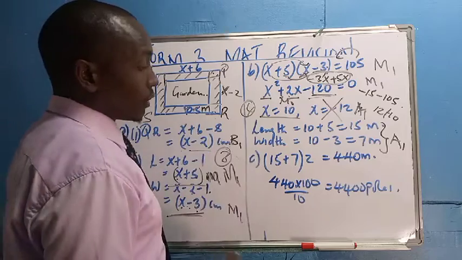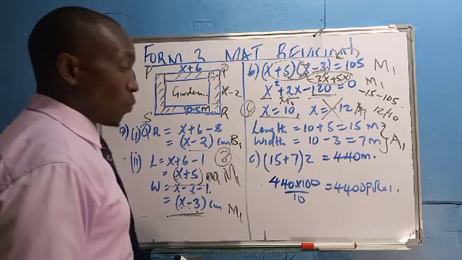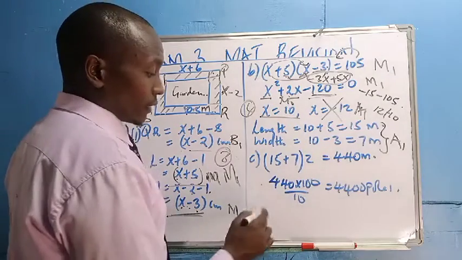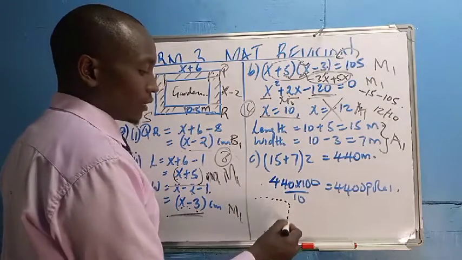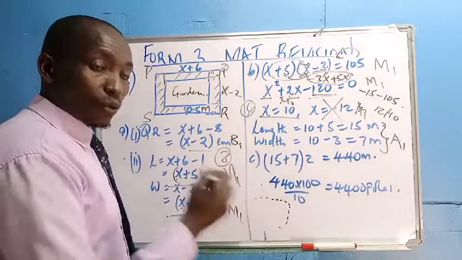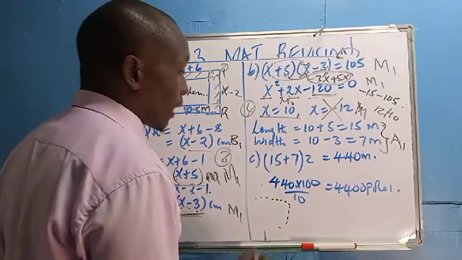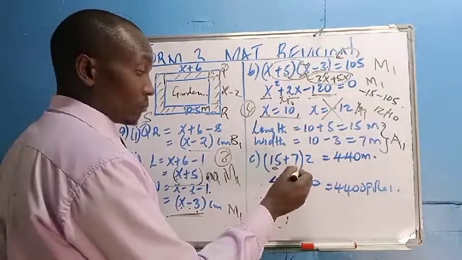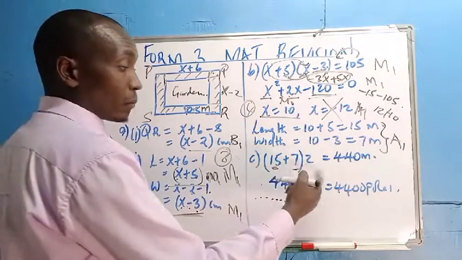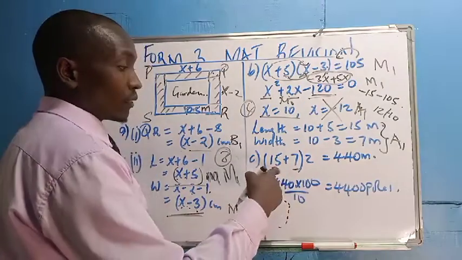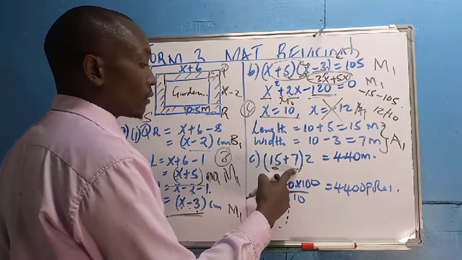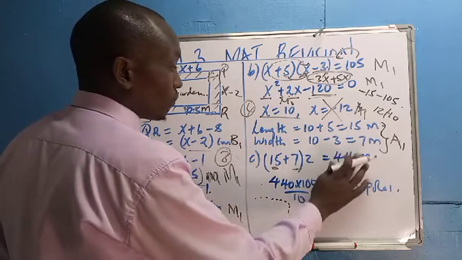So that is 7. Finally, you are supposed to work out the number of poles that this lady needs to fence. Maybe some short poles that she needs to fence or to surround her piece of land. Remember the length is 15 meters by 7 meters. So the perimeter is basically 15 plus 7 times 2. 44.